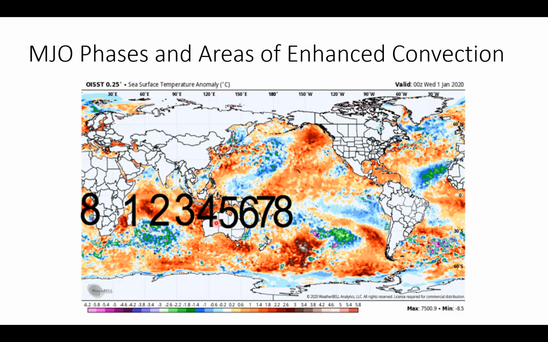MJO phases 4 and 5 is convection across the maritime continent of Australia. And then we have MJO 6 and 7, which is generally associated with enhanced rising air motion and convection across the western tropical Pacific. And finally, phase 8 can also show up as enhanced rising air motion and convection in the deep tropics there at the international dateline, 180 degrees west longitude.